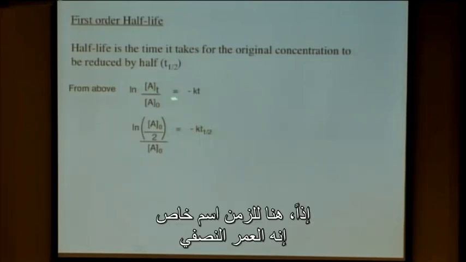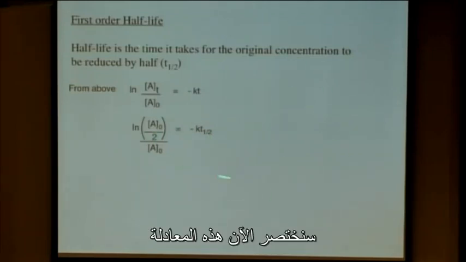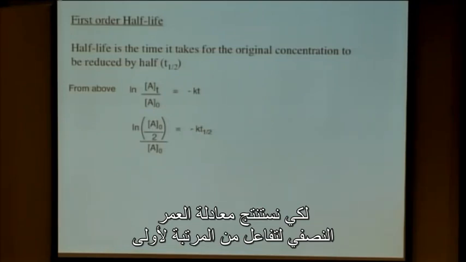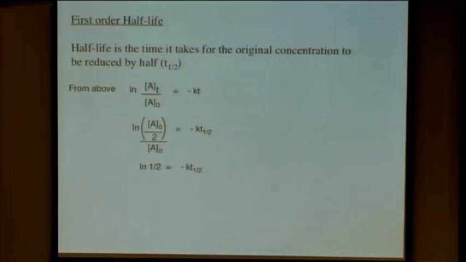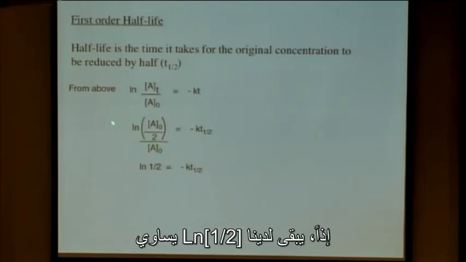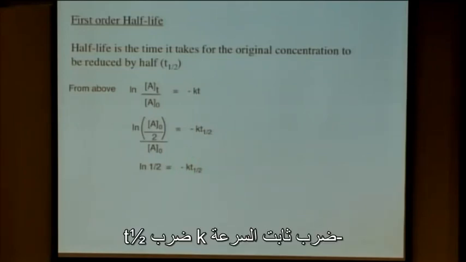And so now t has a special name. It's t 1/2 here. So now we can simplify this expression to come up with an expression for half-life for a first-order reaction. The [A]0, or original concentrations, cancel out, and so we have the natural log of a half equals minus k, our rate constant, times t 1/2.